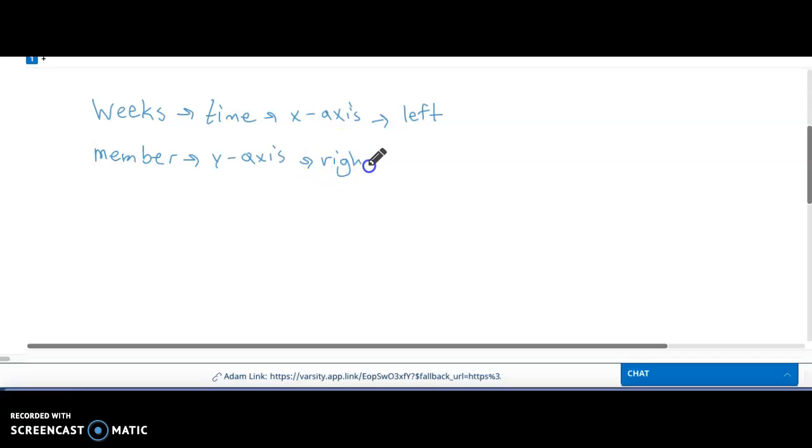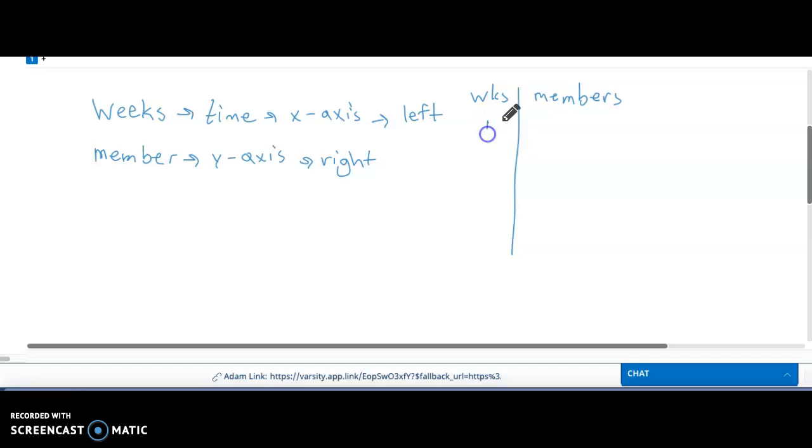All right, so we're just doing the table. So we have weeks, and then we have members. Okay. So it says the athletic club at school accepts 5 new members each week.